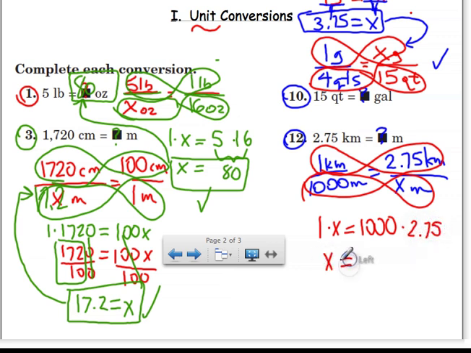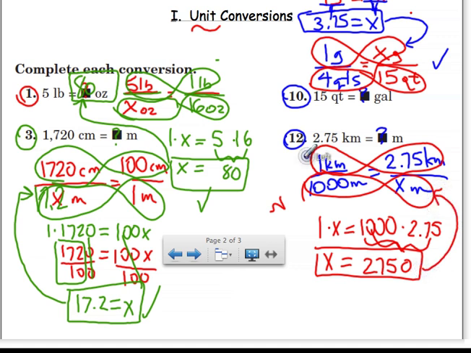That means x equals 1,000 times 2.75, which is the same thing as 2,750. And that should have been your answer, of x equals 2,750. It should make sense because if 1 kilometer is the same as 1,000 meters, that means 2.75 kilometers is the same thing as 2,750 meters. Hope you got that right.